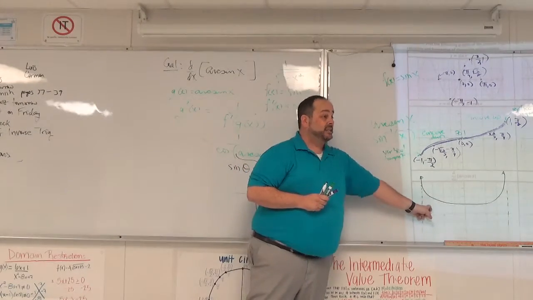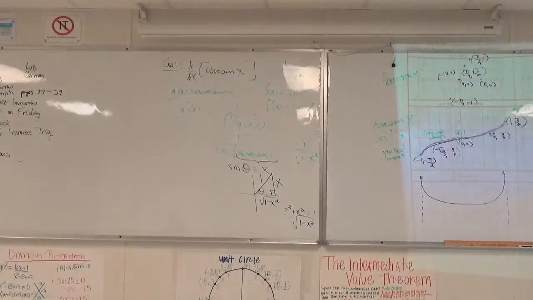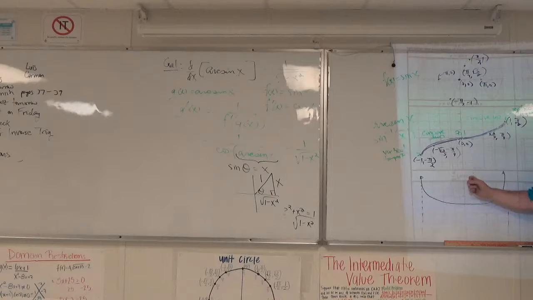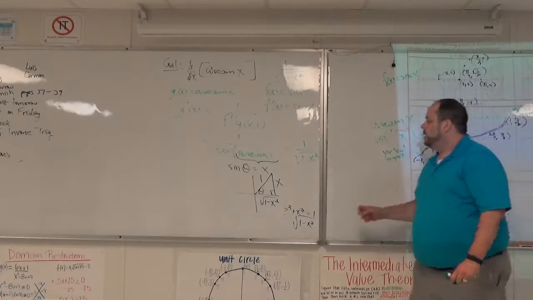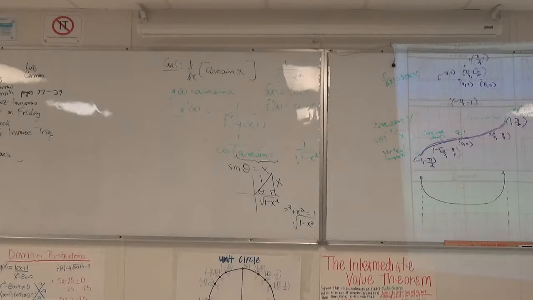Make sure I'm not lying to you. I know it kind of looks like the cosecant graph, but it's not the cosecant graph. So the best way to do this, have your calculator find the derivative of arc sine, like graph that function. Sketch on your same calculator 1 over the square root of 1 minus x squared.